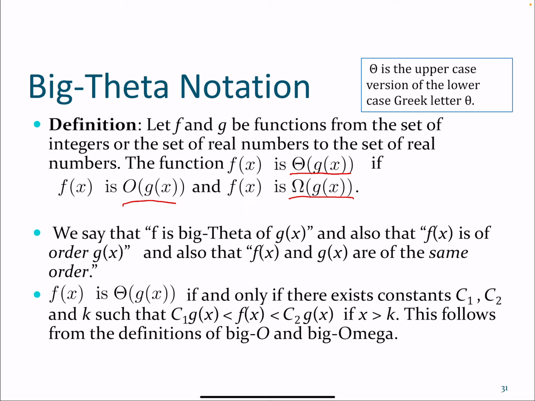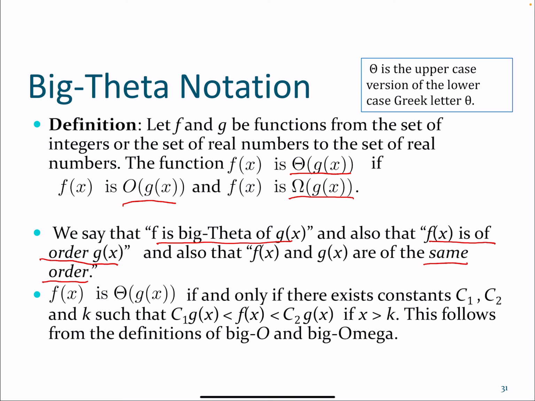So we say that f is big theta of g(x), or f(x) is of order g(x), or you can say f(x) and g(x) are of the same order. That means the growth of these two functions is of the same order.